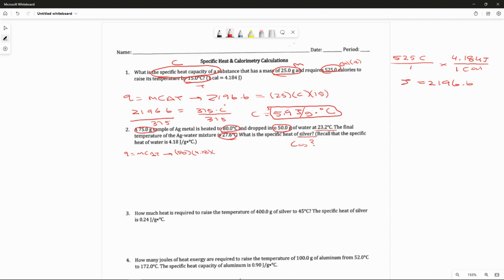Delta T of water, H2O, is going to be temperature final minus temperature initial. And so temperature final of water is going to be 27.6, because it says the silver water mixture is 27.6, minus the initial, because it was dropped into water, initial temperature at 23.2.